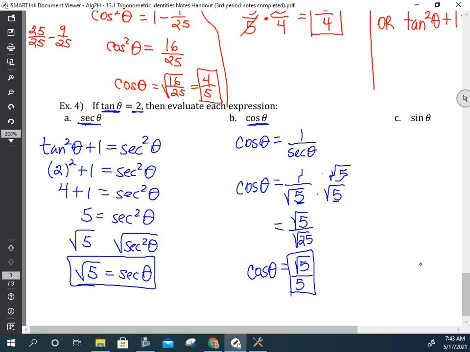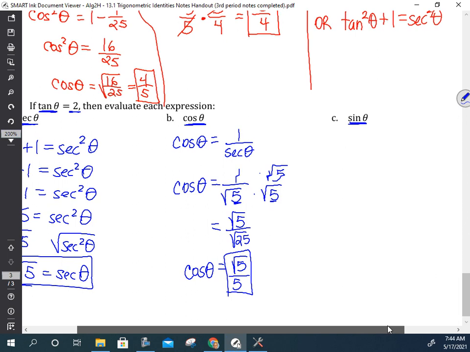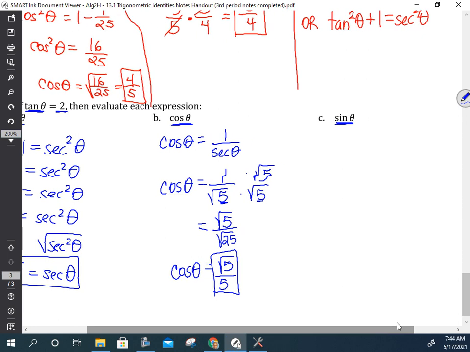Last but not least, we have to find sine. As I mentioned when we started this on Thursday, there are multiple ways to solve these particular problems, depending on what you have. There are a couple ways that we can use to get sine given what we have. We know cosine and we know tangent. So there's actually two different properties that we could use.